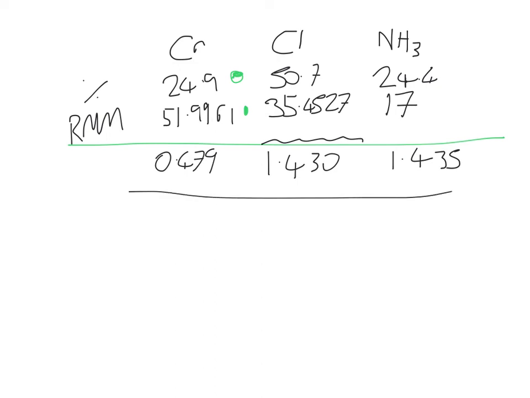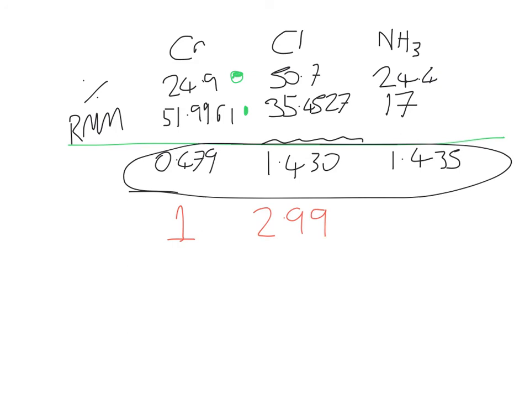We can then look at these ratios and divide by the smallest one. So this gives us some feel for the whole number ratios of these systems. So this is the smallest anyway. There's going to be 1 chromium atom per empirical formula unit, which seems reasonable, 1 metal atom in the middle of a complex. Sure, I can get behind that. But we take 1.430 and divide that by 0.479, and we get 2.99.